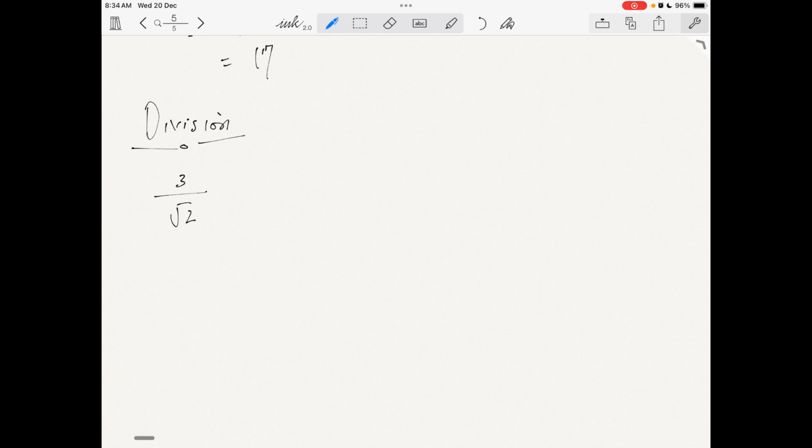Although the result is still irrational, the division process is actually less cumbersome. So in mathematics, as much as possible, we will try not to have irrational numbers at the denominator.